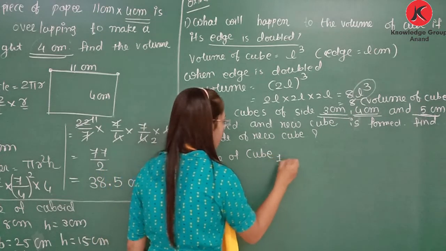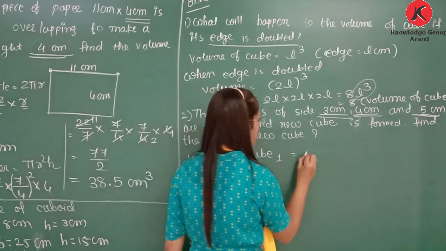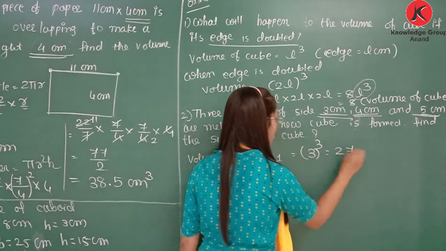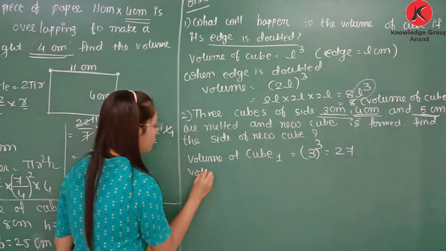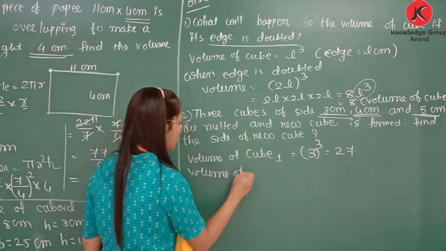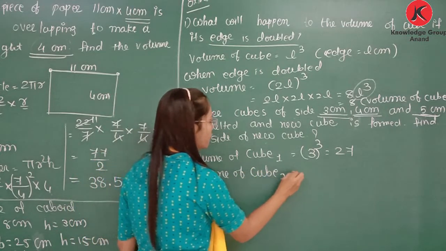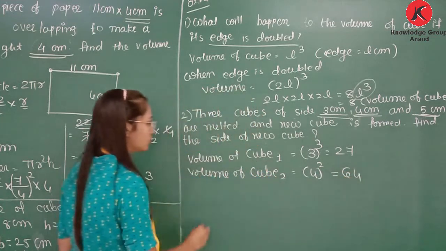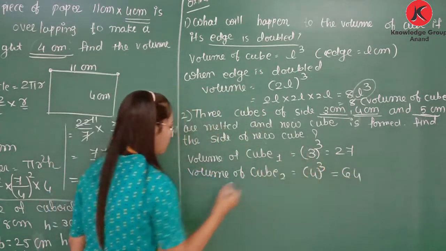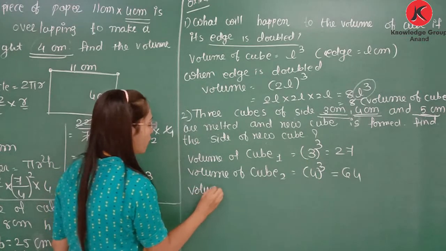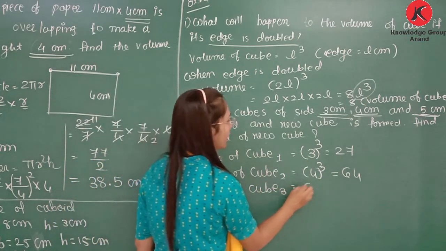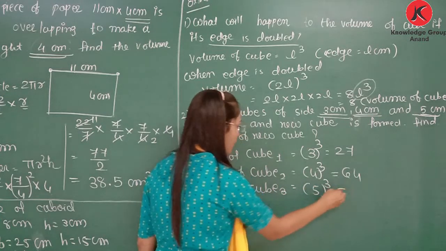Volume of cube 1, of side 3, so it is 3 cube, that is 27. Volume of the second cube, of side 4 centimeter, so it is 64. Volume of cube 3, of side 5 centimeters, so it is 5 cube, that is 125.